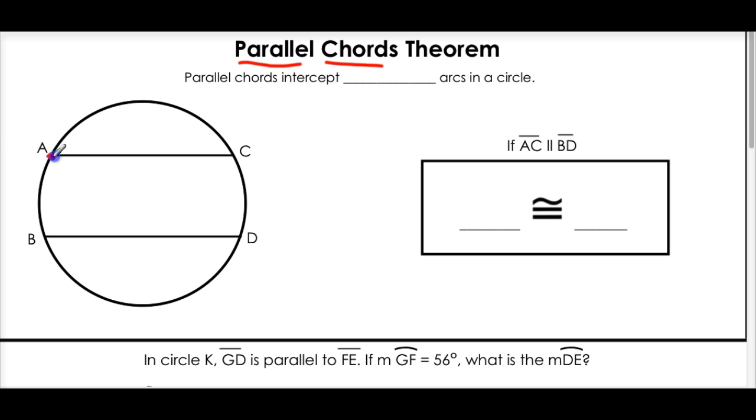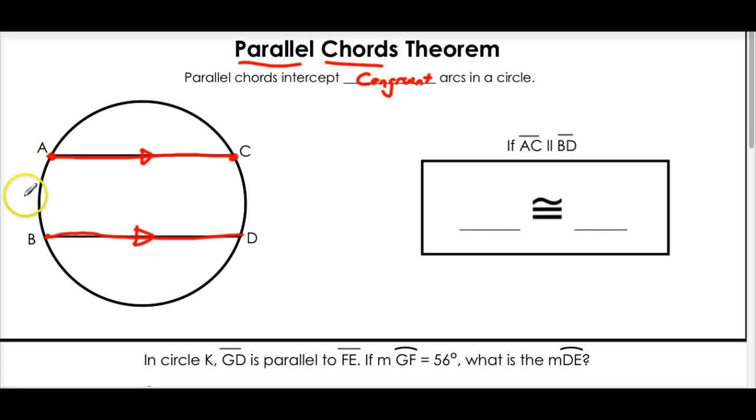If two chords are parallel, such as AC, which is a chord, remember it's a chord because the endpoints are on the circumference, and BD are parallel. If these two are parallel, well, what do I know? Well, then I know that parallel chords intercept congruent arcs, okay? Then my two arcs that they intercepted are congruent.